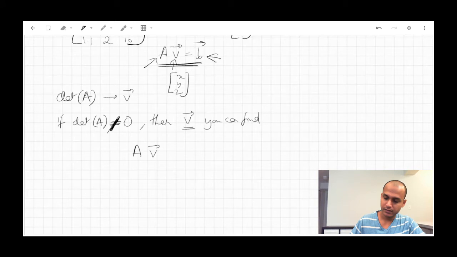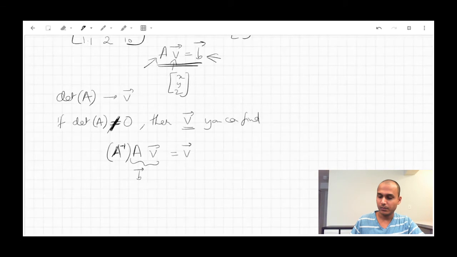So I can apply another linear transformation, and I'm going to represent it in a very unique way. I'm just going to use this notation A to the power -1. It's as good as saying I'm going to apply another transformation which, given the output vector, gives me the input vector. So if I apply this transformation on b, it gives me the input vector.